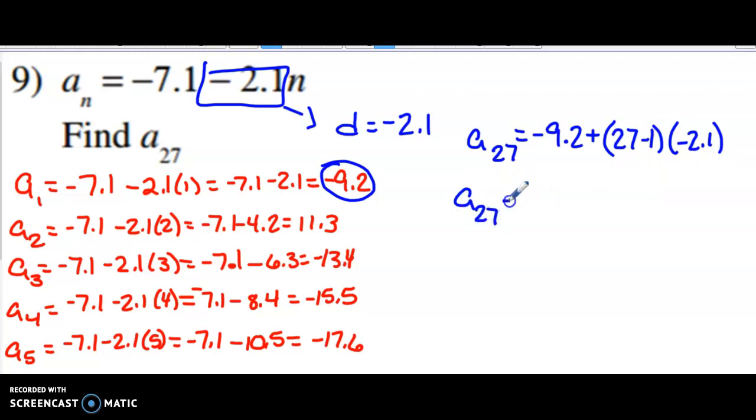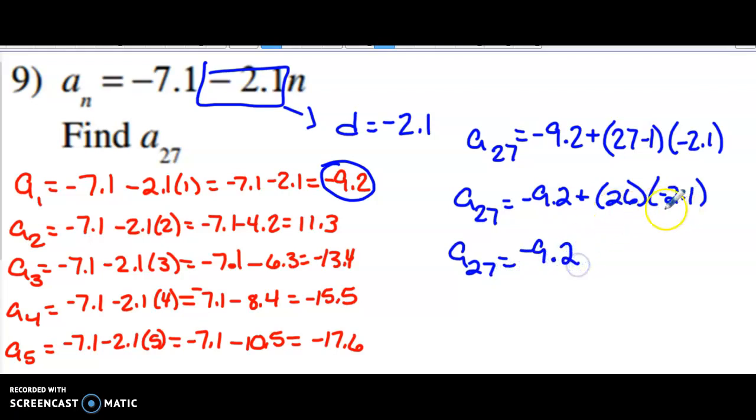A sub 27 is equal to negative 9.2 plus 26 times a negative 2.1. Negative times positive is going to make this a negative 54.6. And a negative 9.2 minus 54.6 gives me a negative 63.8. So that's my a sub 27 value.